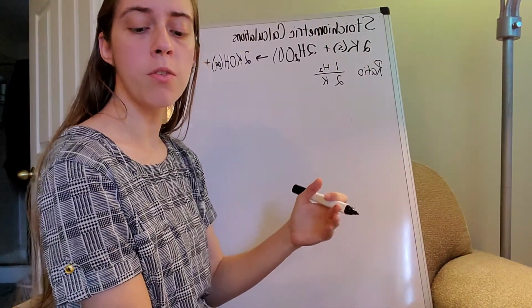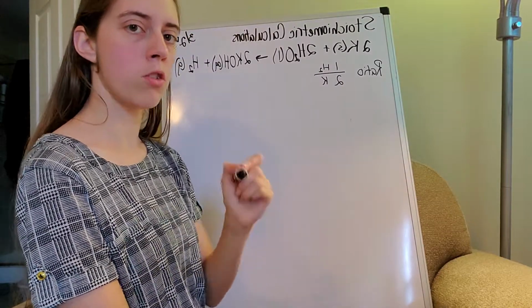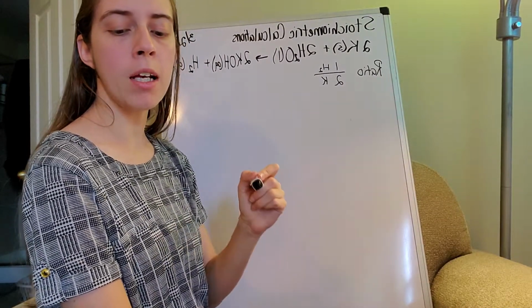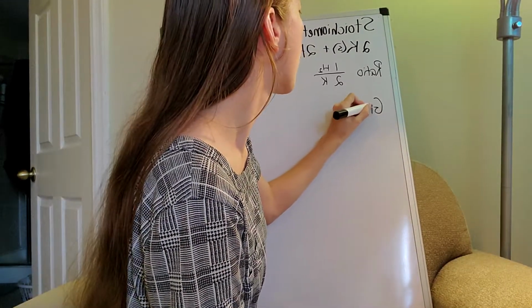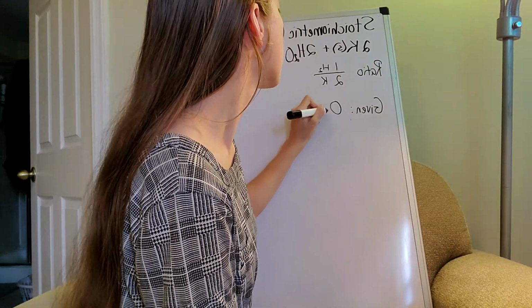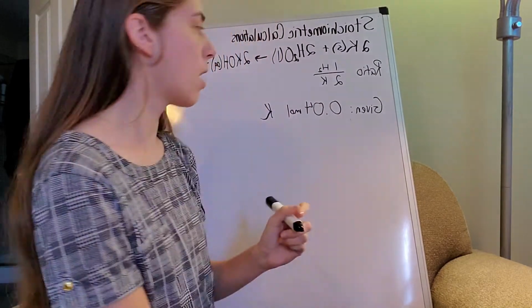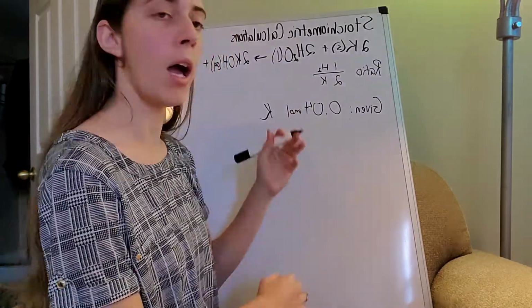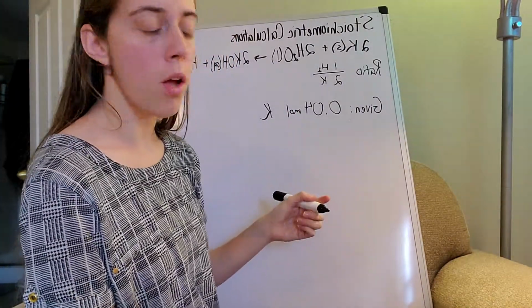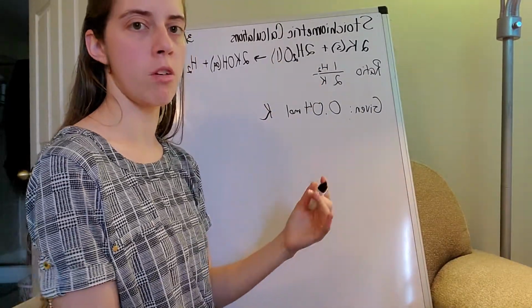Now we can use our mole ratio. Okay, so we are told in the problem that we are given 0.04 moles of potassium, and we want to know how much hydrogen gas. Okay, so we use our ratio, which now becomes a conversion factor.